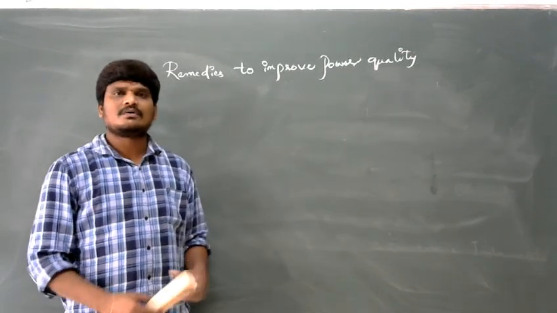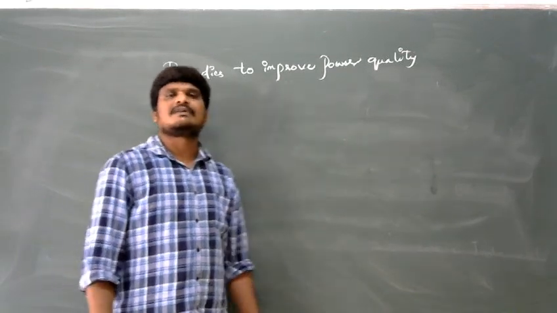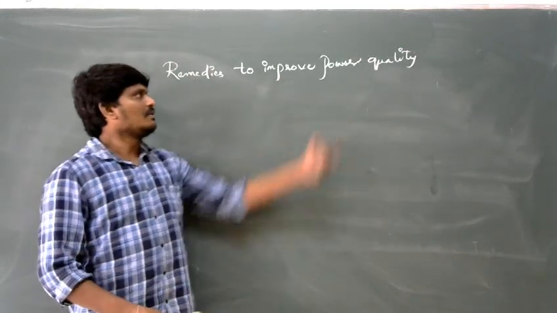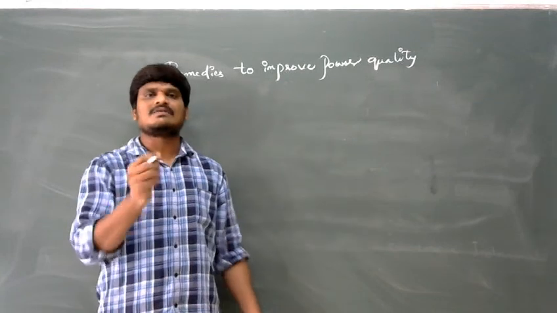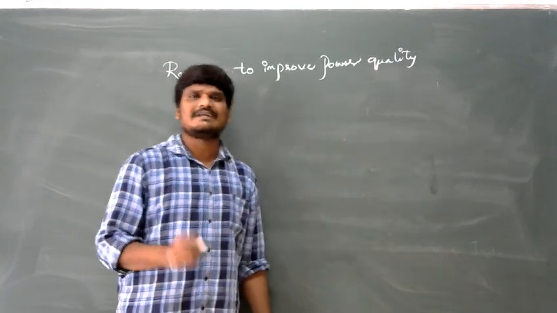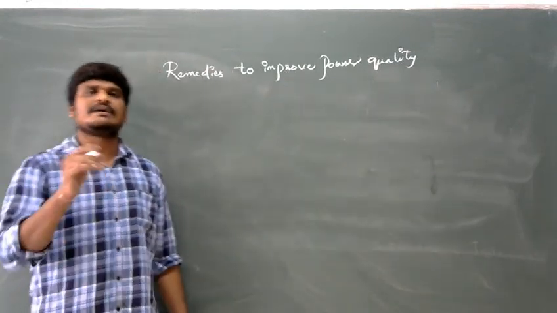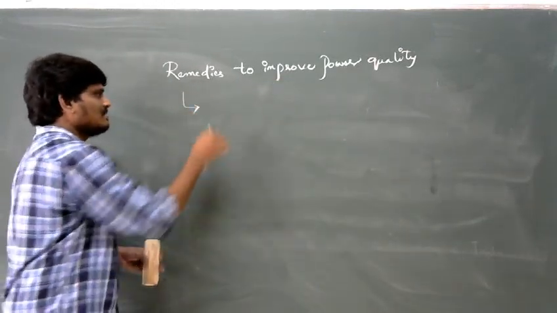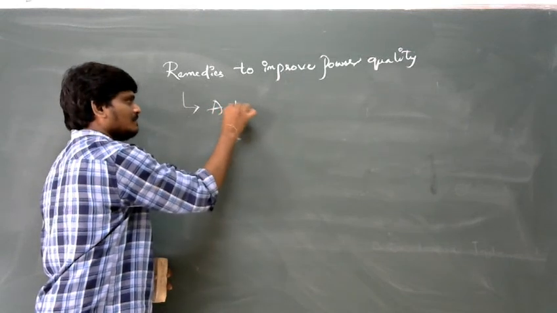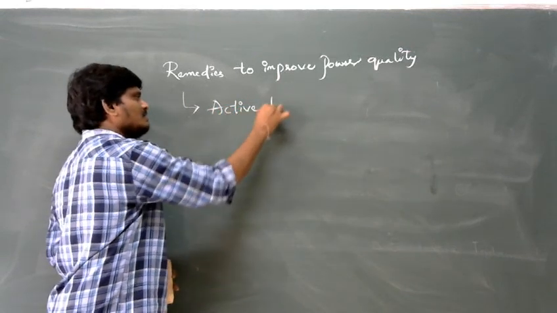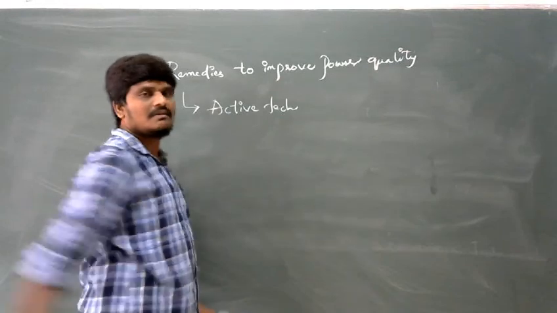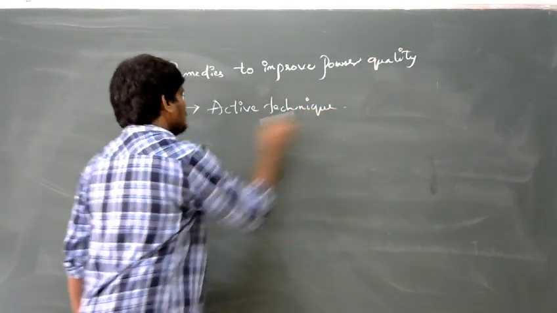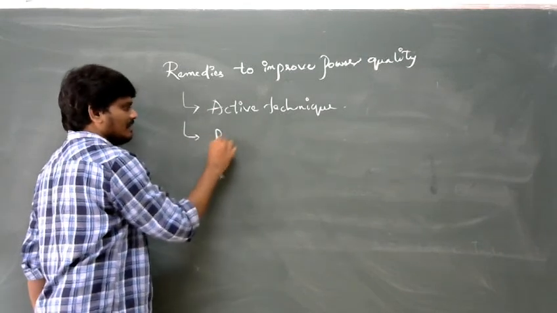In order to improve the power quality, we have certain techniques to mitigate, that is, to reduce, the power quality problems. The first compensation technique is called the active technique, and the second technique is called the passive technique.